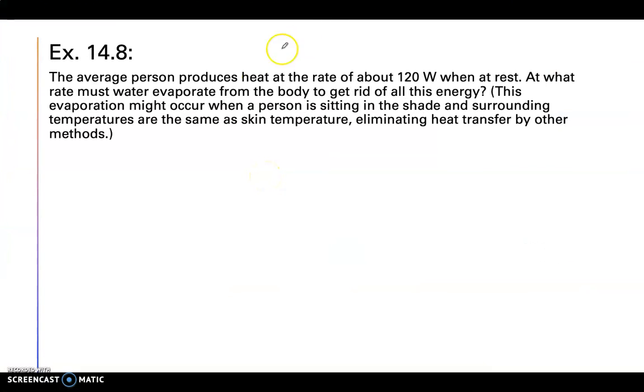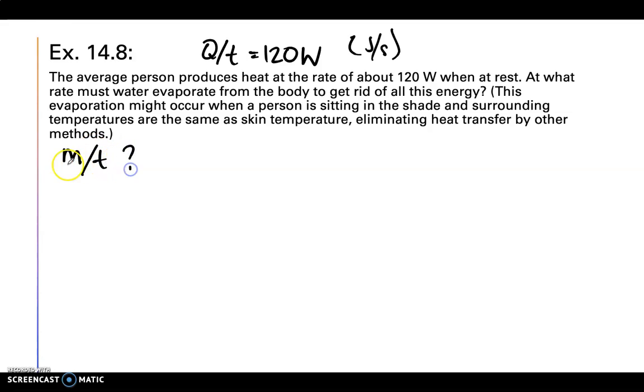So we will need to use this. So again, we know that Q over T is equal to 120 watts, or joules per second. Okay, and we want to know M per T, so the mass per time.